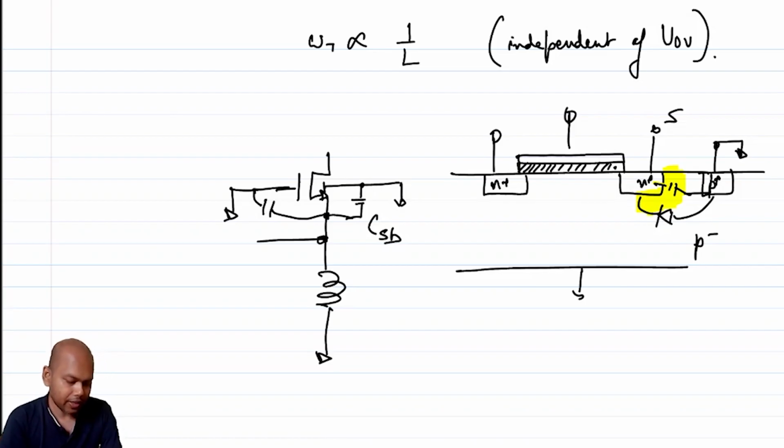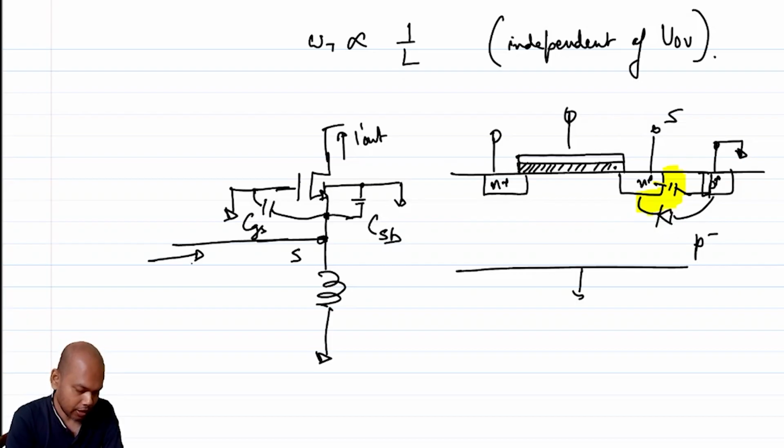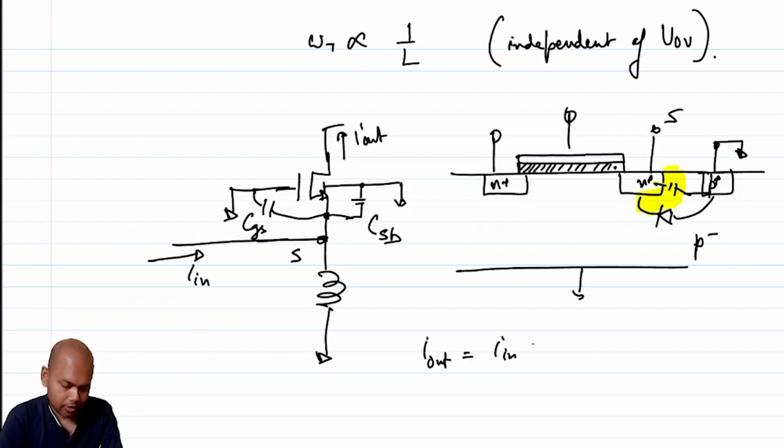Okay. So what is the effective capacitance at this node, at the source? The effective capacitance at the source is CGS and CSB put together, right? So your amount of short circuit current that is going up, this is I out. So what is I out in terms of I in? If this is I in, I out is essentially I in times gm by gm plus j omega (CGS plus CSB).